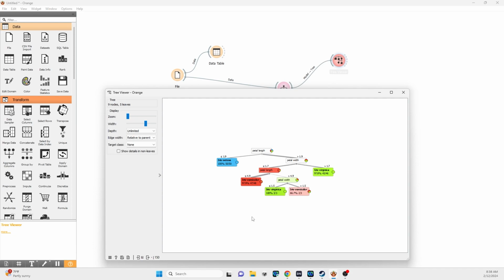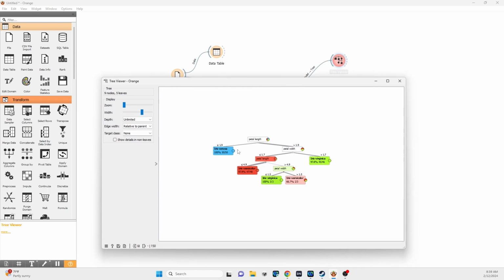It has determined that anything less than or equal to 1.9 is an Iris setosa, and anything greater than 1.9, we have to break down further and look at the petal width. Anything less than or equal to 1.7 will be versicolor. Anything greater is virginica, and then it broke it down even further.